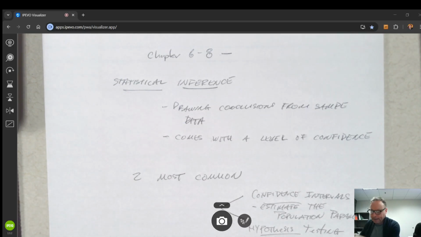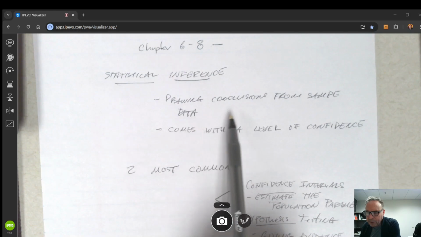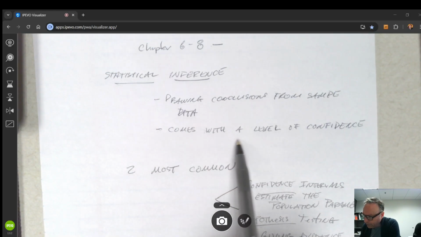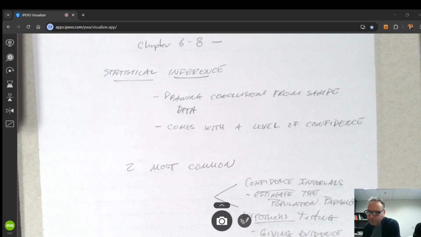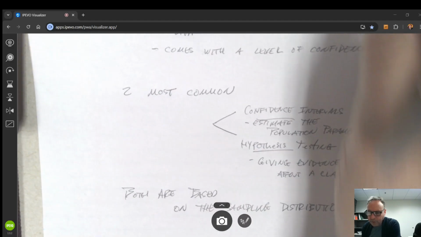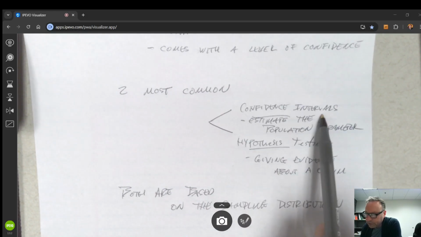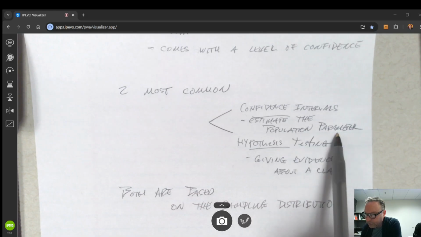So let's remind ourselves, statistical inference is drawing conclusions from sample data, and then that comes along with a level of confidence. So it's not enough just to state your predictions, but you have to tell in some way how confident you are in those predictions. And the two most common are confidence intervals, where you take a sample and you use the statistic to estimate the population parameter.